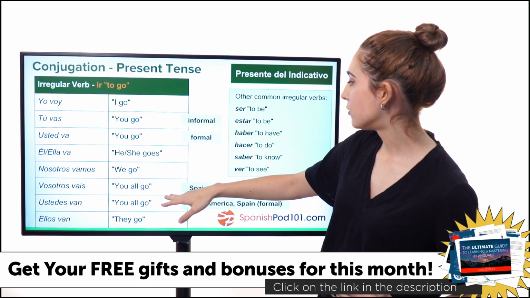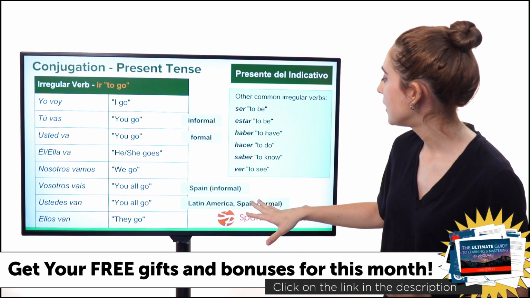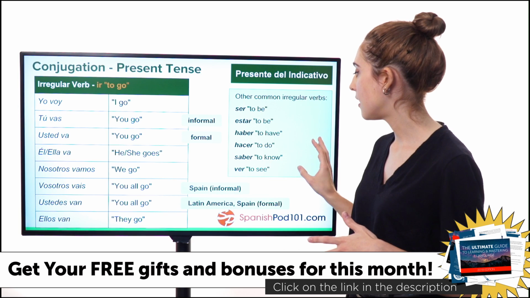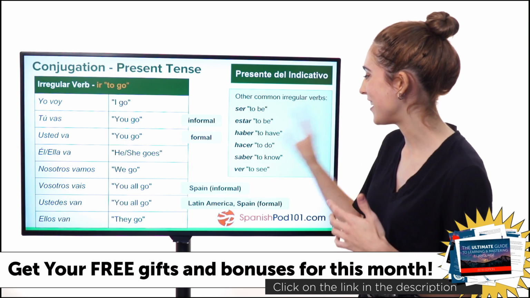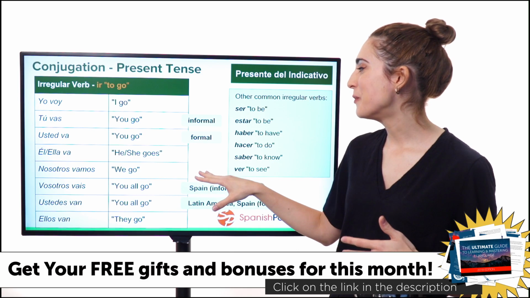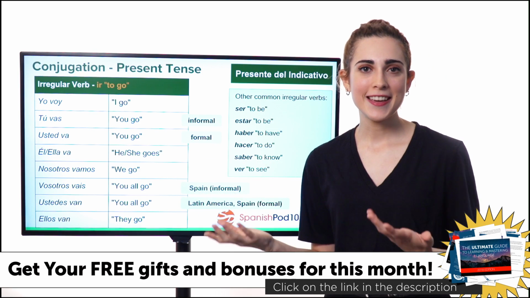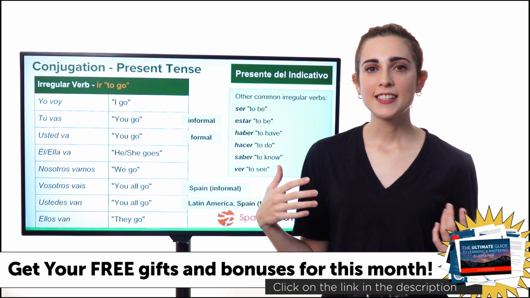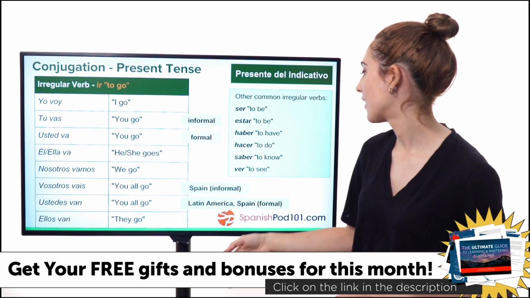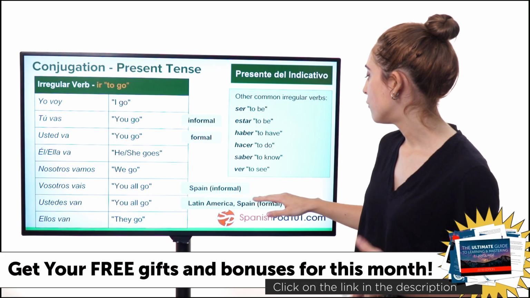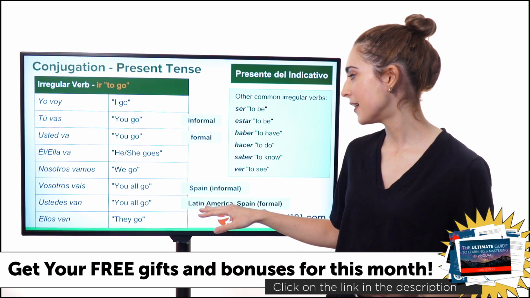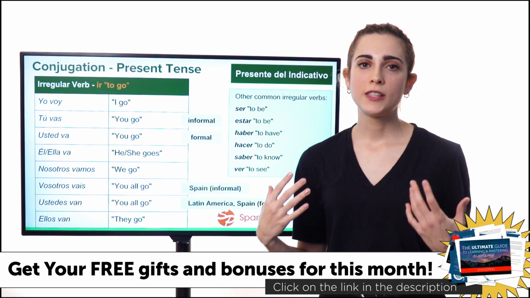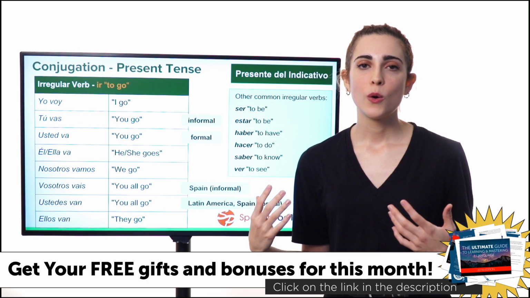So then for the second person of the plural, again, the informal way in Spanish. You'll go, vosotros vais, vosotras vais. In formal, in Spain, and both formal and informal in Latin America, you'll go is, ustedes van.